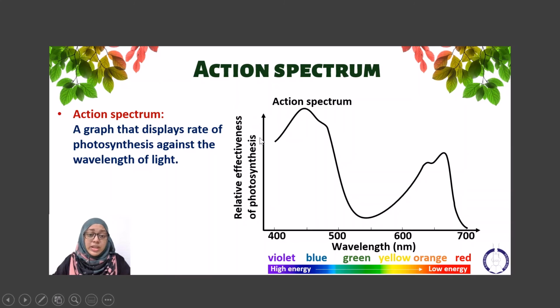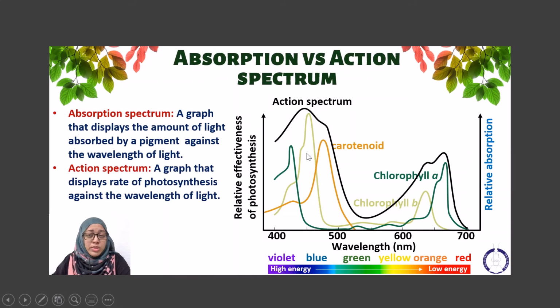Okay, so remember the term photosynthesis has to be there. Now looking at these two together, the absorption spectrum and the action spectrum, remember they are both graphs. One of them refers to the absorption of wavelengths, whereas the other talks about the photosynthetic activity at those wavelengths.